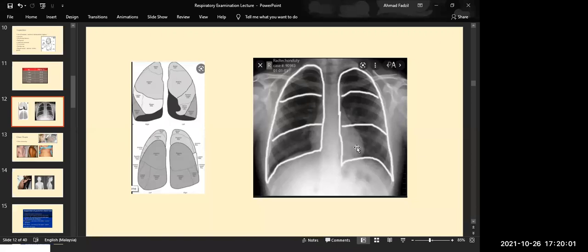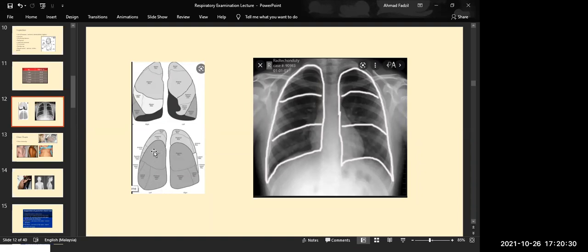So the upper, mid, lower zone. We call it zones. So when you examine posteriorly, it is the same. So you look at upper, mid, and lower. So you know at the upper is still the upper lobe. The mid zone, you can probably examine the upper and middle lobe, and the lower zone. At the anterior can be the middle lobe and lower lobe, whereas the left side is different: upper lobe and lower lobe.